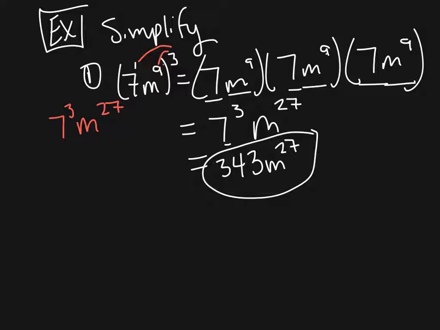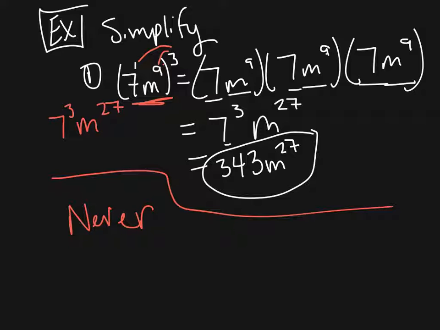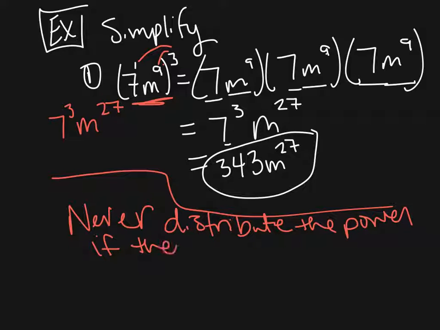Now the only time you're allowed to distribute powers like that is when there's a monomial in here, which means there's no addition and subtraction. You can never distribute the power if there's addition or subtraction.